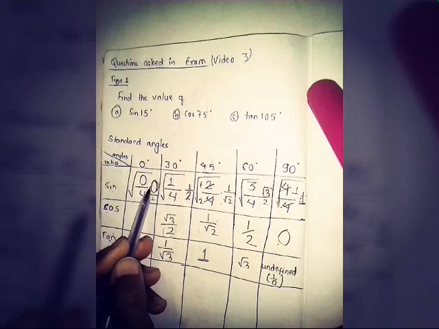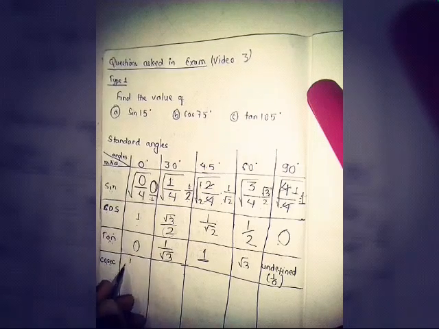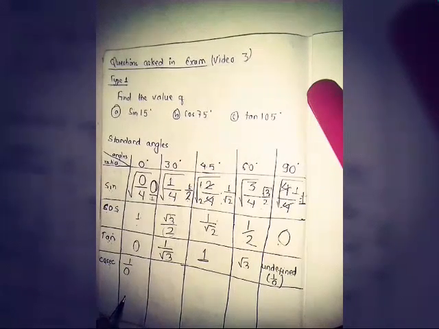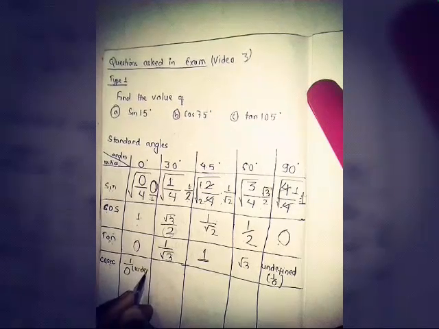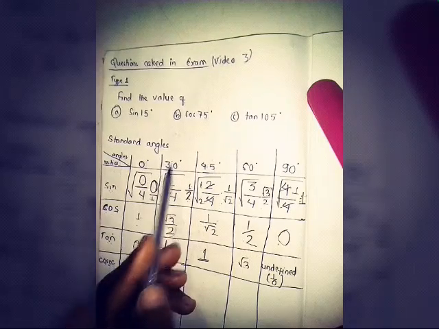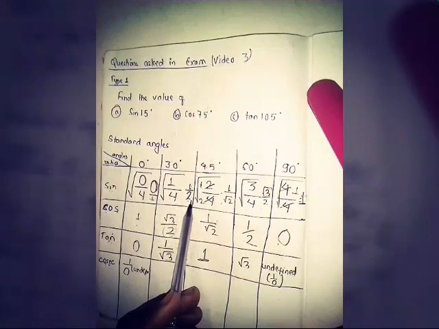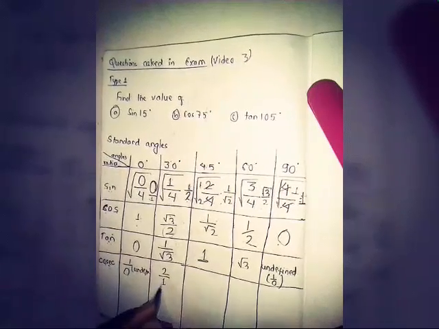That means the upper goes down and the lower comes up. So this will be 1 divided by 0, and we know 1 divided by 0 is undefined. Similarly cosec 30 degrees: this is 1 by 2, so its reciprocal will be 2 by 1.